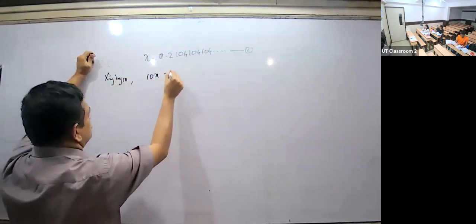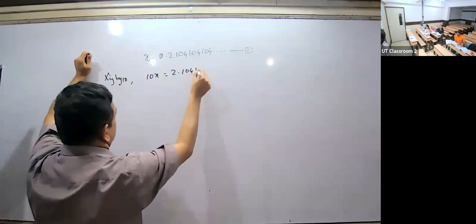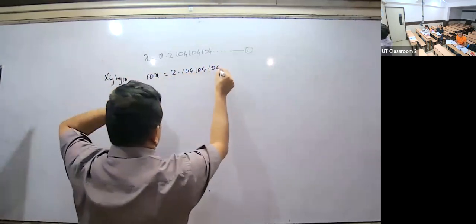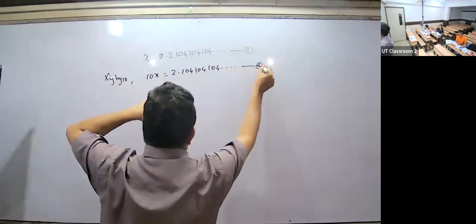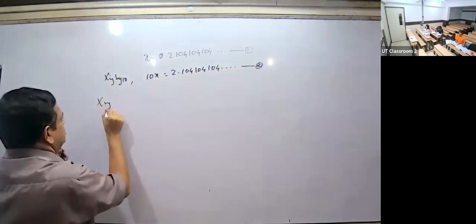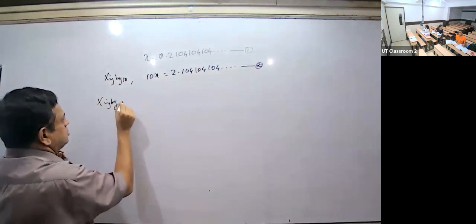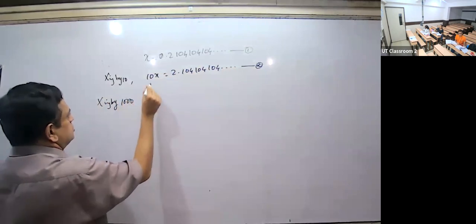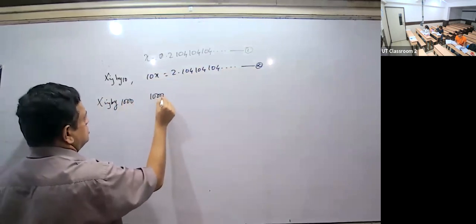So what did you get? 10x is equal to 2.104104, etc. Condition 2. Now what to multiply by? 1000. So 1000 into 10 is 10,000x.